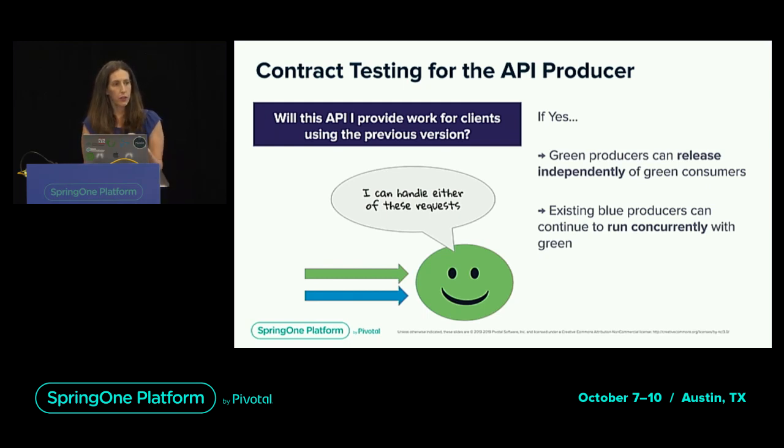This also means, number one, that you don't have to coordinate the release with your consumers, but number two, that if the older version of your own application is still running and receiving requests, if you happen to get some of that traffic, you can handle that as well. So as a producer, you're being responsible to guarantee your independent release and enable you to take advantage of some of these deployment strategies that require concurrent running.